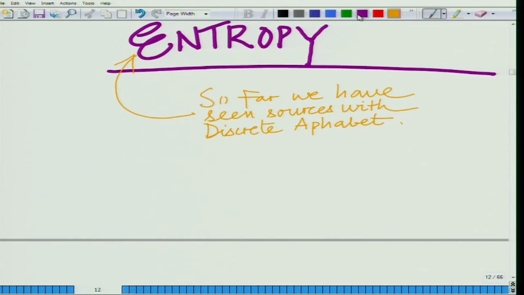But what about a continuous source, that is, a source x?